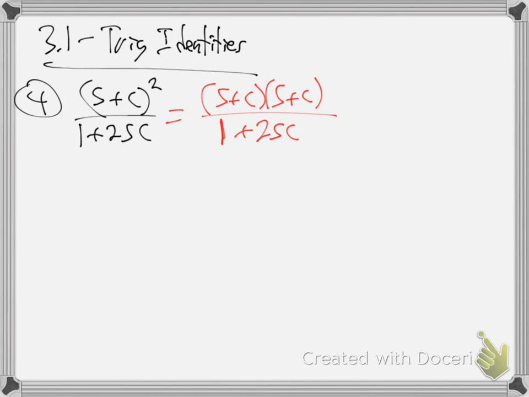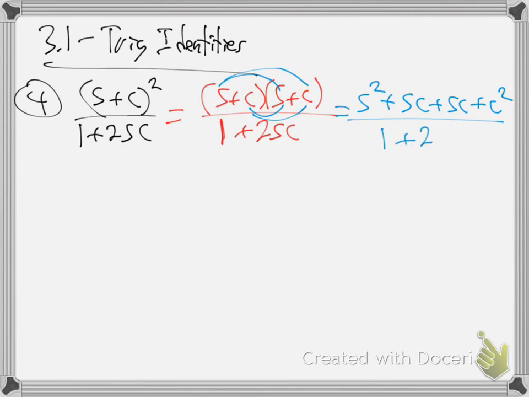Whenever there's a 2 on parentheses, you've got to actually write 2 of the parentheses, and then multiply that all completely out. So this S will go to both, and we'll get S squared plus SC, and then the C will go to both. Remember all that from algebra? SC plus C squared over 1 plus 2SC.